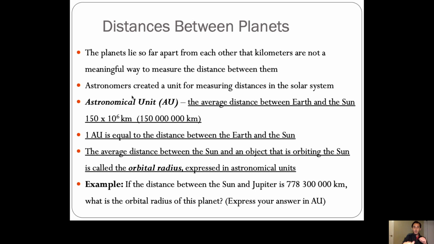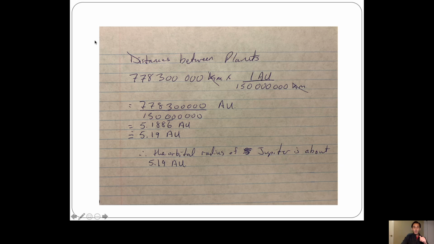Okay, here's our solution. Here's what I did. I did a unit analysis. So I know my final unit has to be in astronomical units. I know that. So I take my 778,300,000 kilometers and I write it down and I multiply it by a fraction or a ratio. Okay, and the ratio that I multiply it by is one astronomical unit over top of 150 million kilometers, because I know that that's the ratio between those two units.